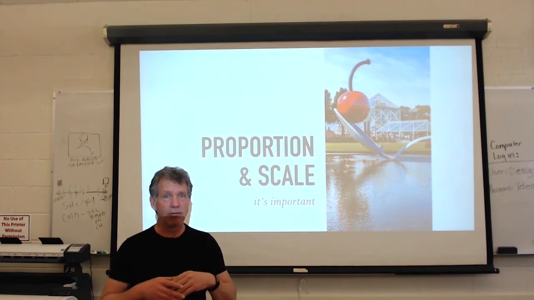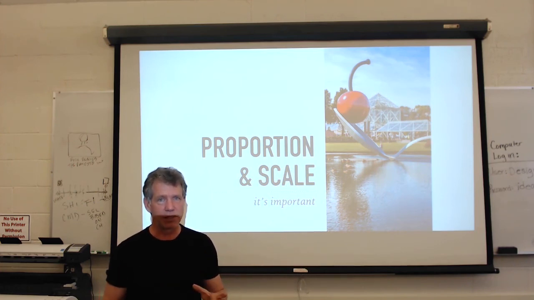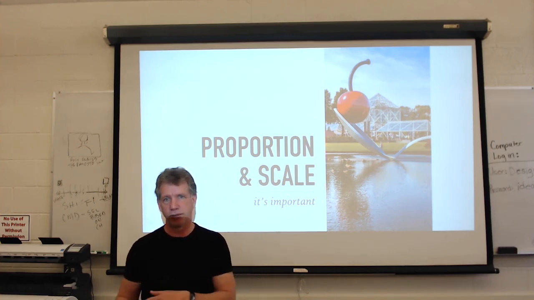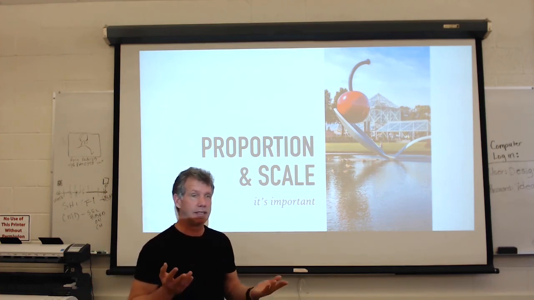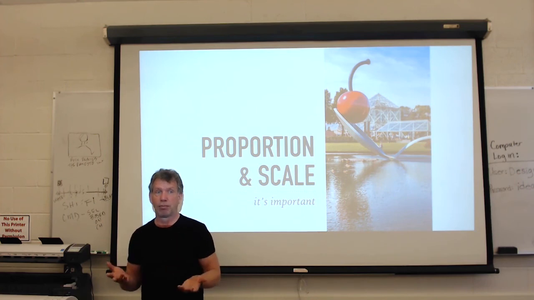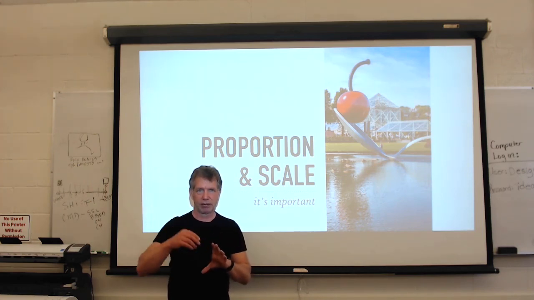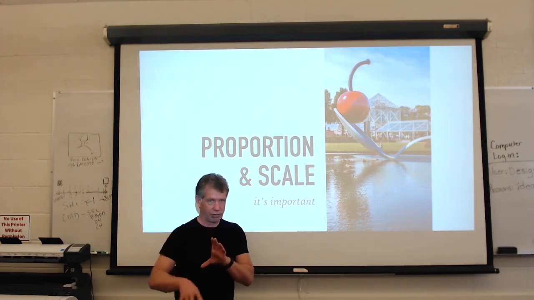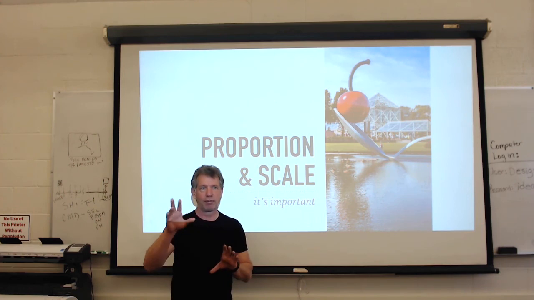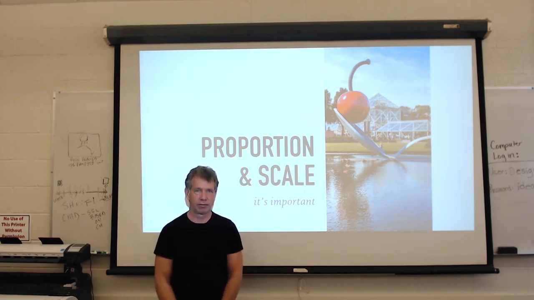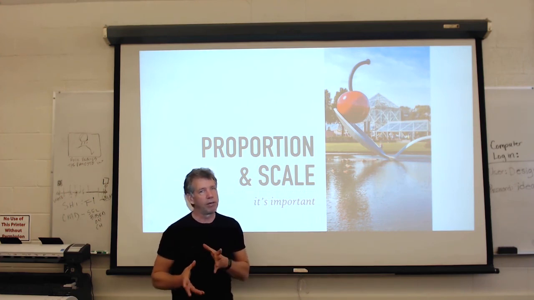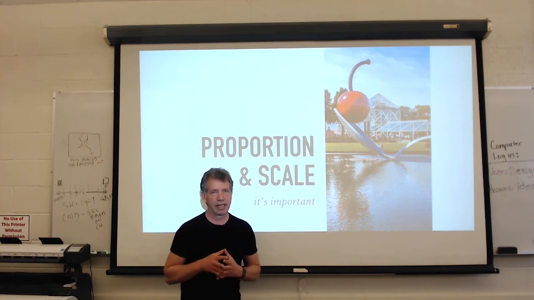In the overall composition, if the rest of the composition comes together to support whether something's too large or too small, then maybe you have a decent composition and there's no problems. But if you don't support it with the rest of the composition, you have one element that's out of scale, not proportionate to what's around it, then your whole composition is going to fail. I hope that makes sense.